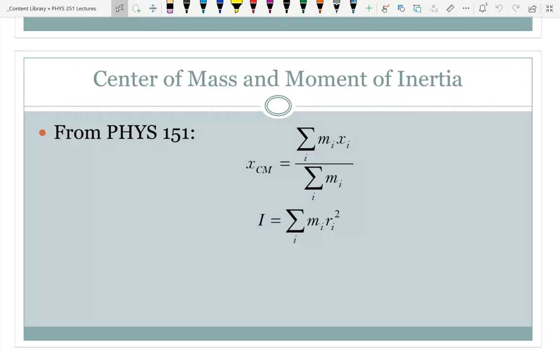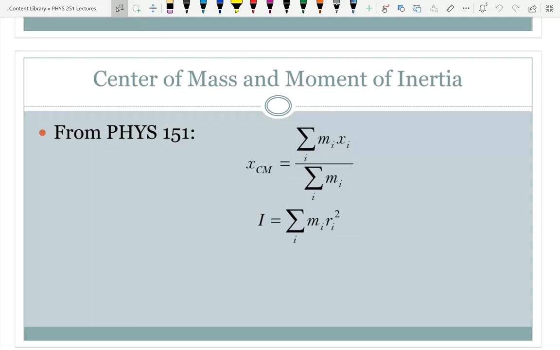If I have these two masses here, the center of mass requires me to choose a reference point for position. So I might say I'm going to use the center of this one as my reference point. Usually a problem will give you a reference point from where to find it.